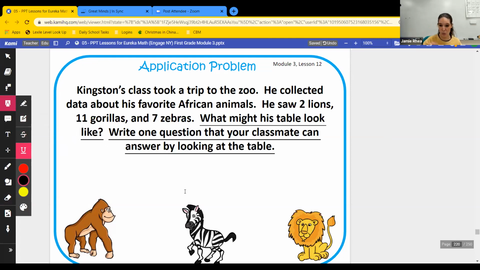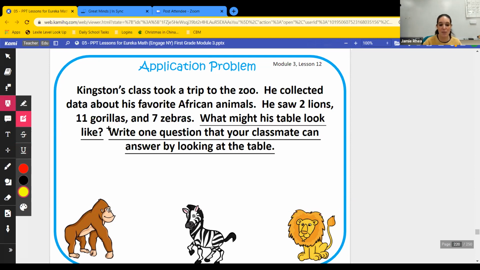Now on your board, you're going to create a table, but on my screen I don't have a whole lot of room, so I'll write it on my board too. Let's look for our clues real quick. Keaton's class took a trip to the zoo. That doesn't tell me a whole lot other than they went to the zoo.